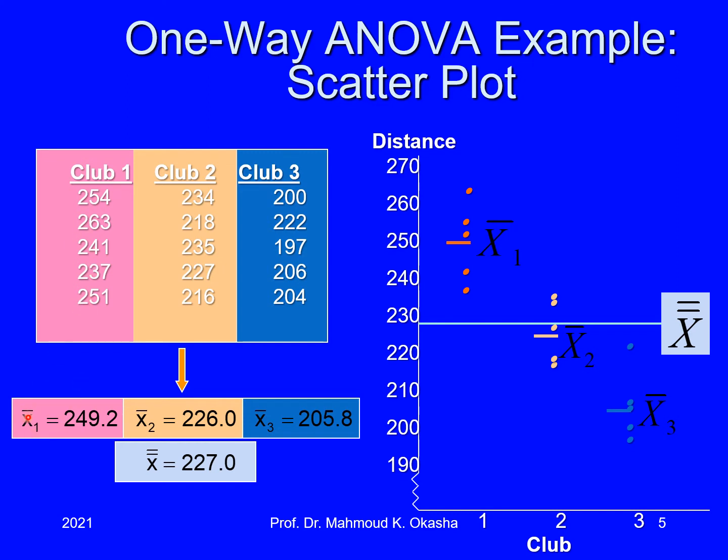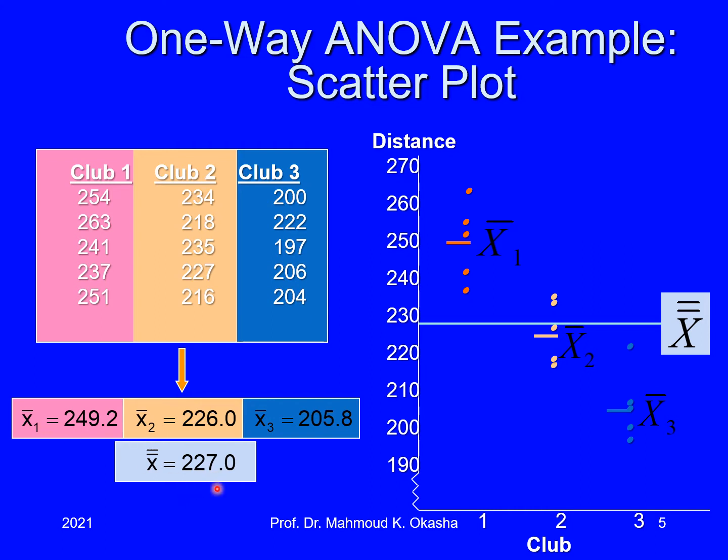The first group mean x1 bar equals 249.2. Right. The second group mean, which is x2 bar, equals 226, and the third group mean, which is x3 bar, equals 205.8. These are the three group means.